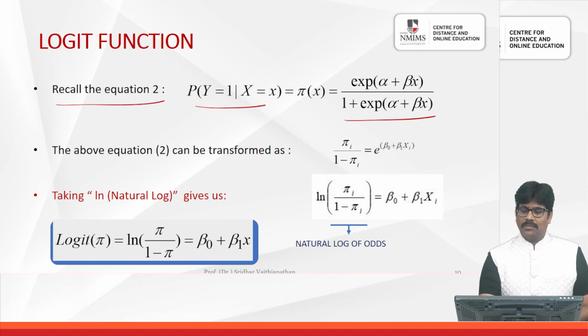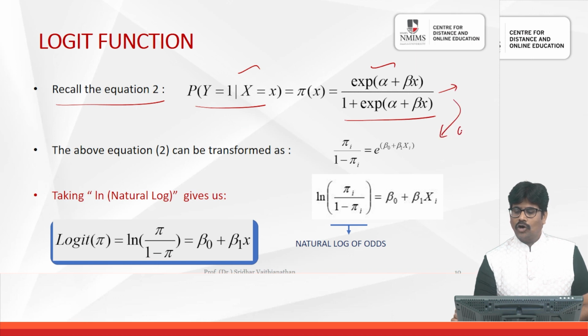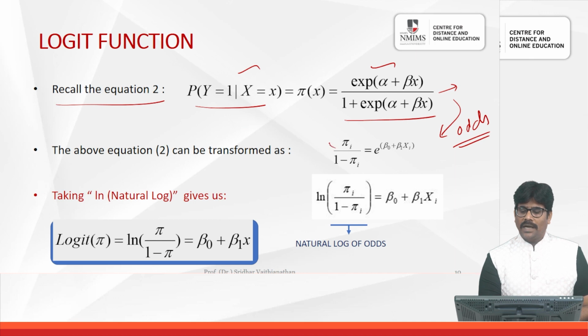Now in order to establish the relation between the dependent variable and the independent variable, what I am doing, I am taking odds, right? So from this I am taking odds, that is pi i divided by 1 minus pi i.